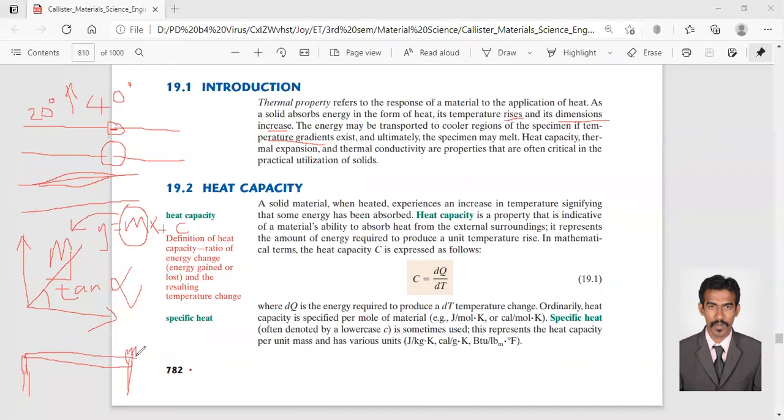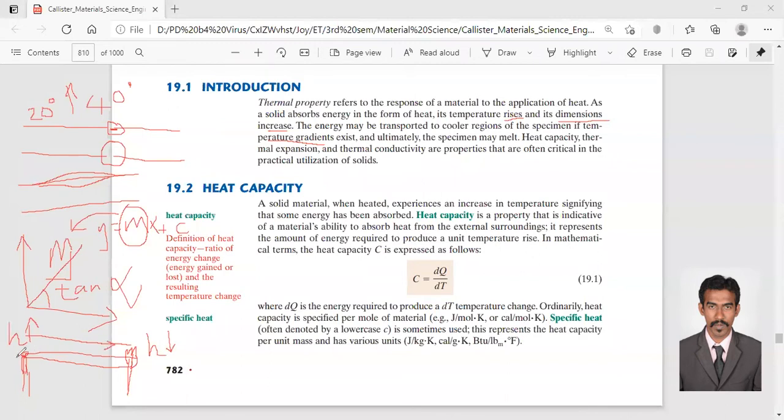Can you feel the heat at your hand or not? Say this is an iron bar or steel bar. Temperature gradient means one location has high temperature and the other location has low temperature, so a heat gradient can occur. Heat will flow from the higher location to the lower location.